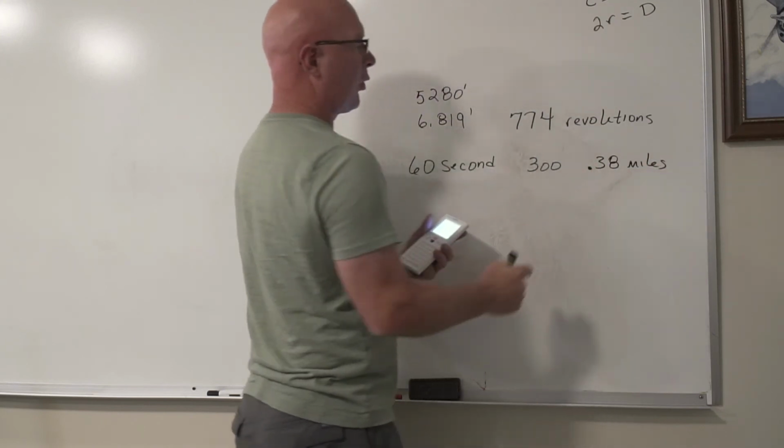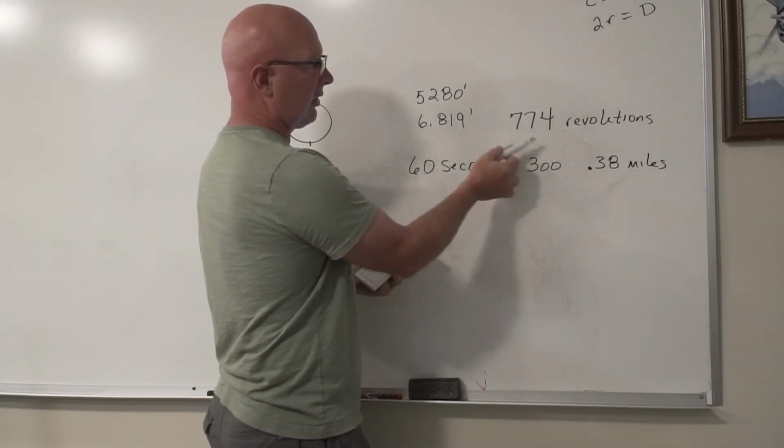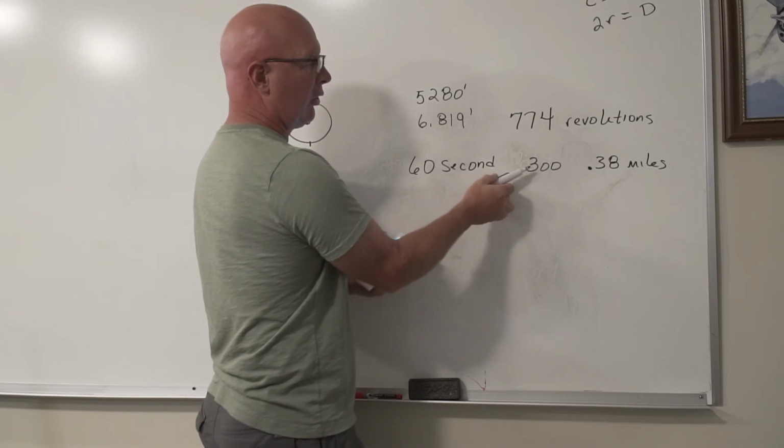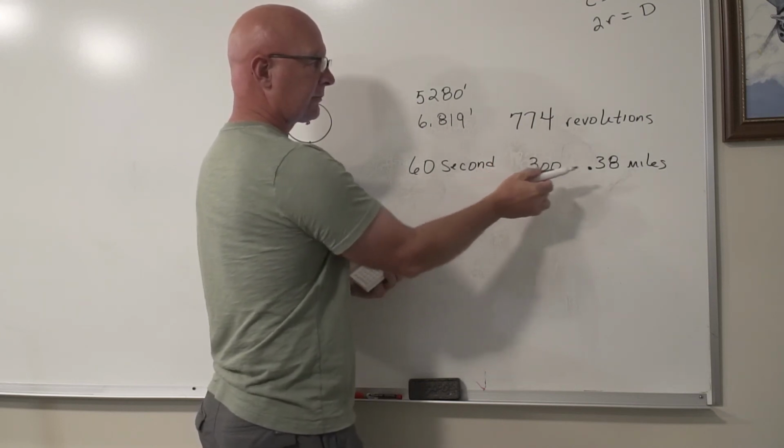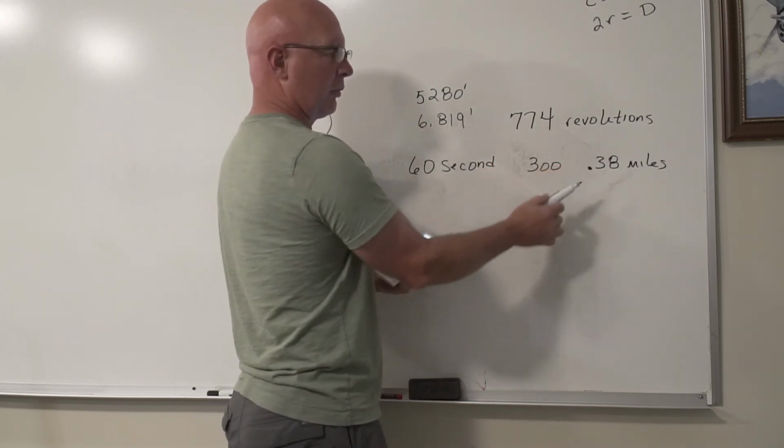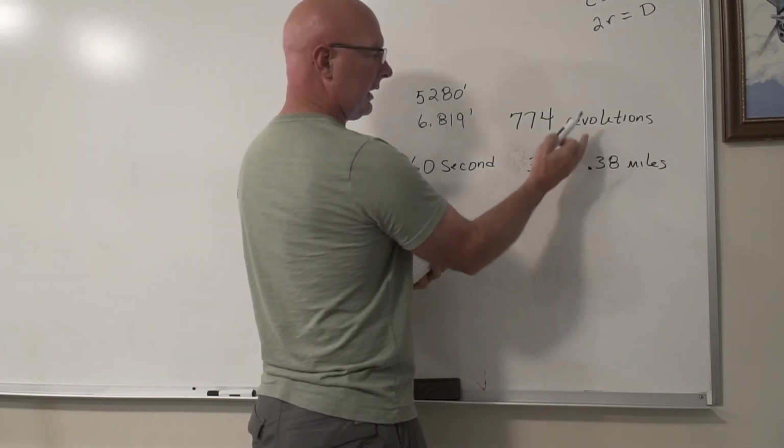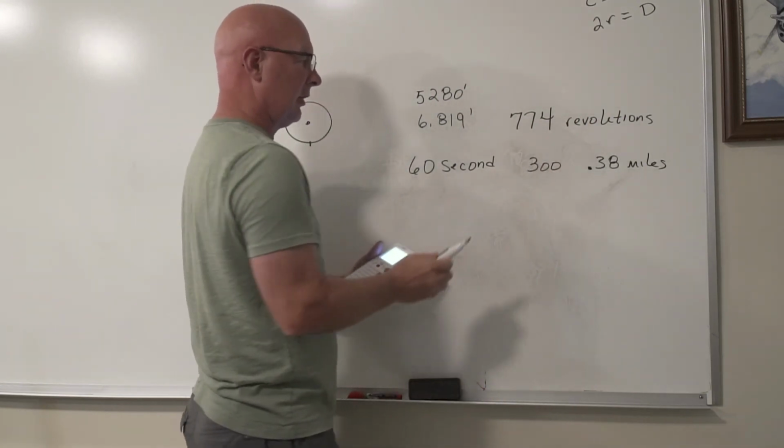So we didn't go quite half of a mile, which you can tell, because 774 divided by 2 is larger than 300, and we didn't cover 0.5. So we're less than half of a mile that we covered in that 300.